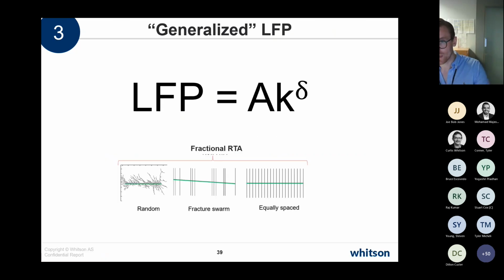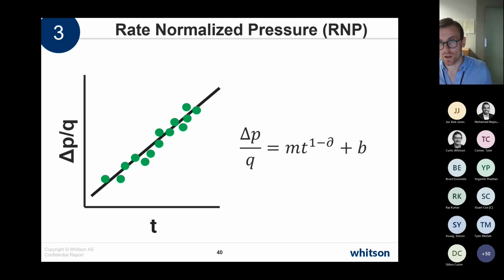So when it comes to your LFP then, it is A K to the delta and not A K to 0.5. But except from that, everything else is actually the same when it comes to numerical RTA, and that's the beautiful part. If you want to diagnose what your delta is for a given well, you can just plot the rate normalized pressure on a log plot.